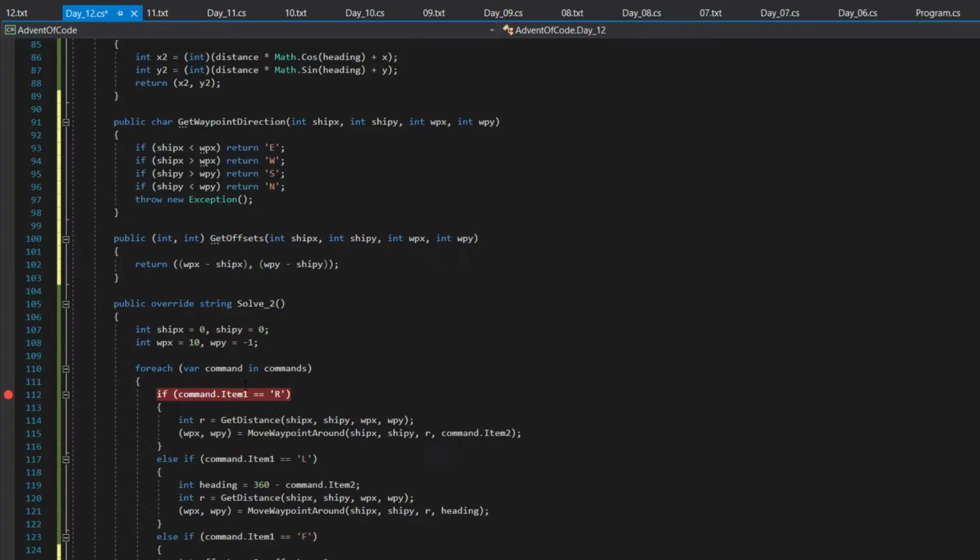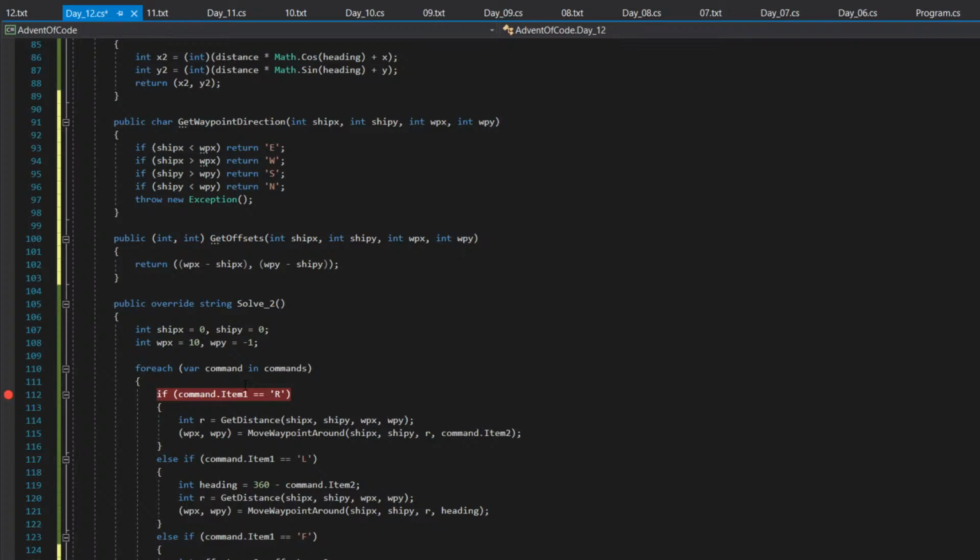Oh, so we moved our ship, and now we also need to move our waypoint. So waypoint X plus equals offset X, waypoint Y plus equals offset Y. I'm not sure if that's correct.